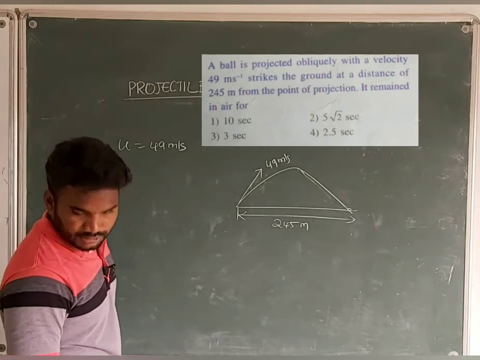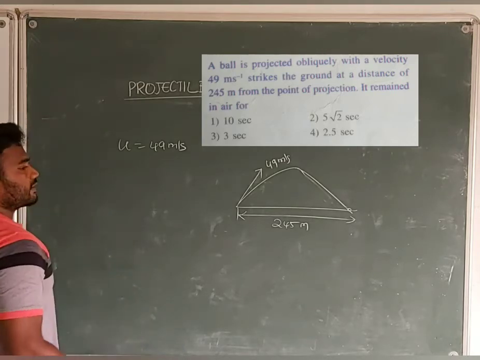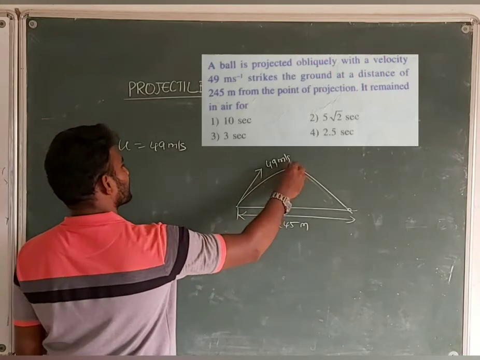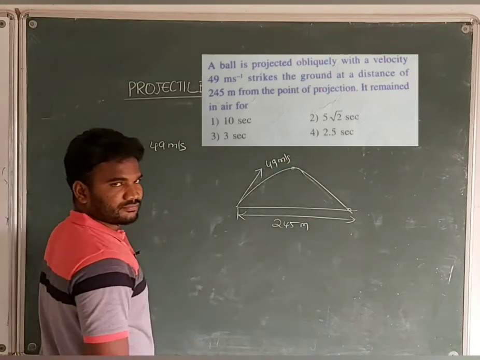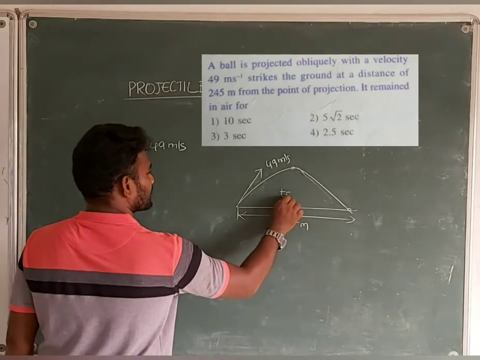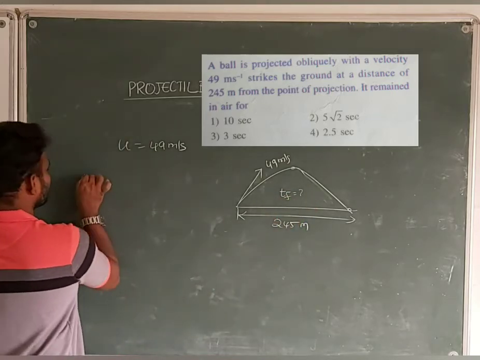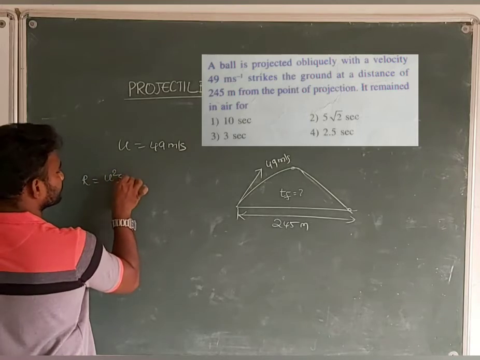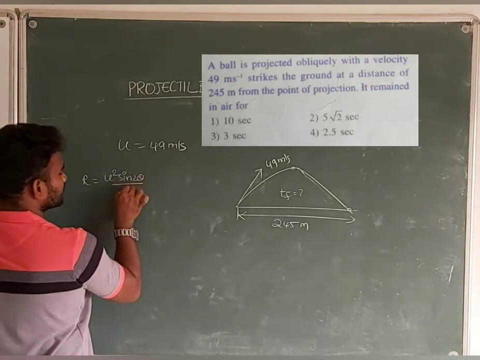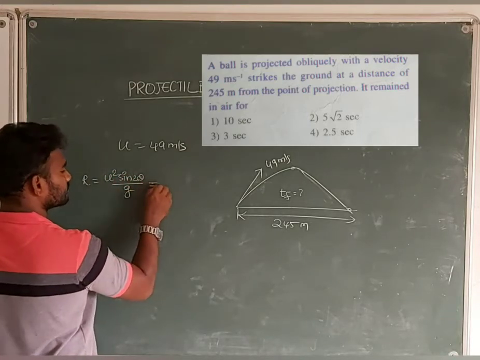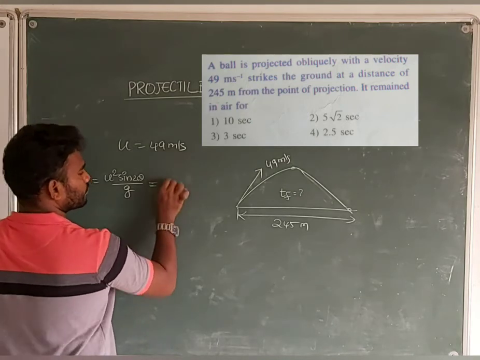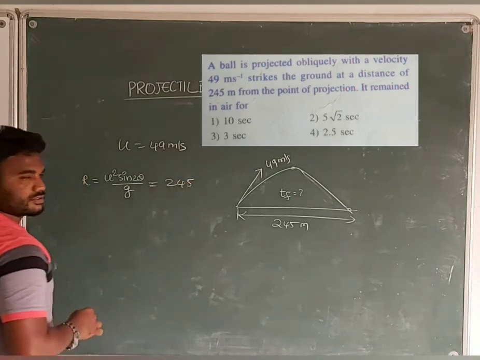Then find the time of flight. How long it stays in the air means time of flight; we have to find the time of flight, students. Very simple formula for this. Range is given, so the range formula, you know, u square sine 2 theta by g is equal to 245, students.